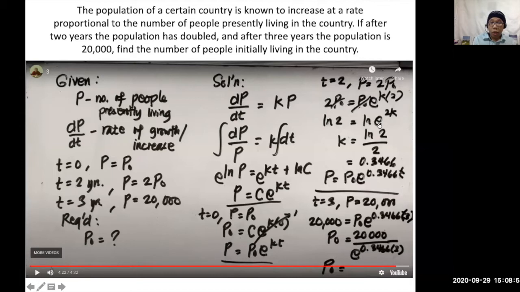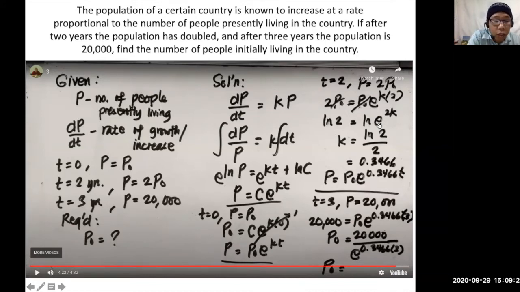I multiply that by 3, and then put that in the exponential function. So e raised to that value, I have 2.82, and then I divide 20,000 by that answer. So it's actually 7,071.0678, right?